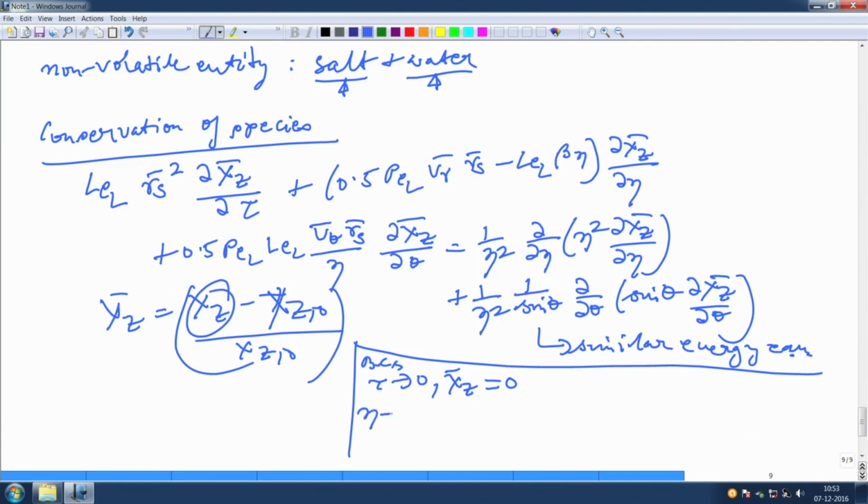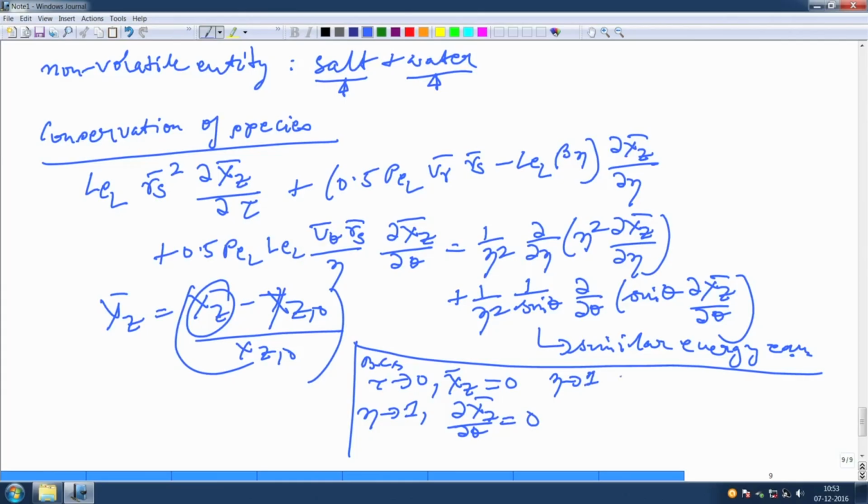When eta approaches 1, the derivative of chi z bar with respect to theta is equal to 0, because there is no azimuthal variation of concentration on the surface. This is once again the same equivalent definition, where we said that the surface temperature is constant. Here we say the surface concentration is constant along the surface, but it is varying within the droplet as well as with time. Okay. So, make no mistake about that.